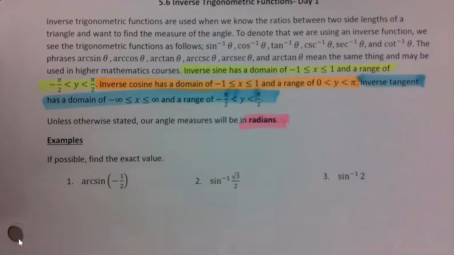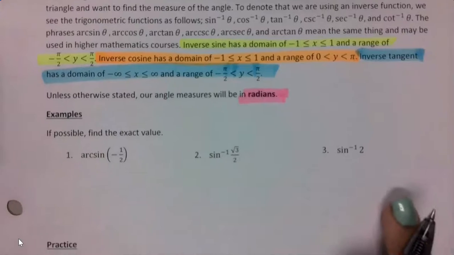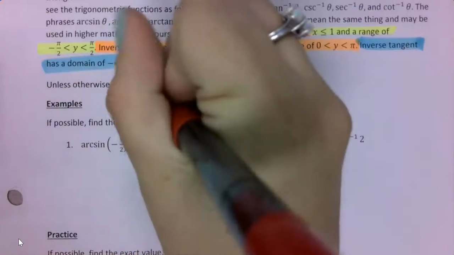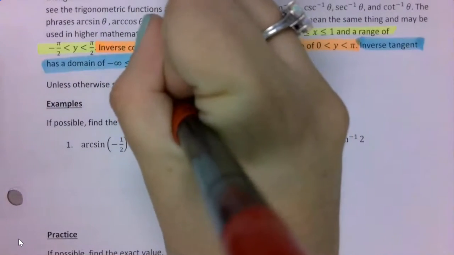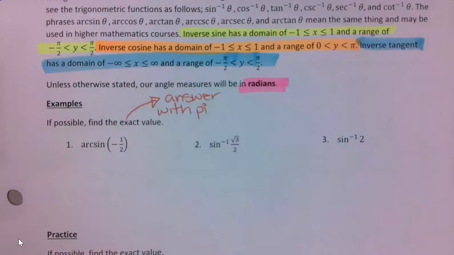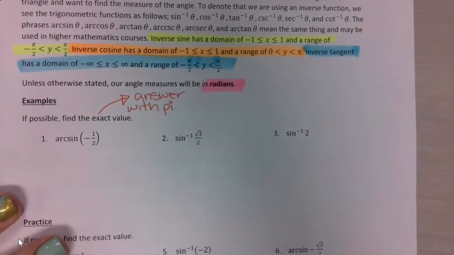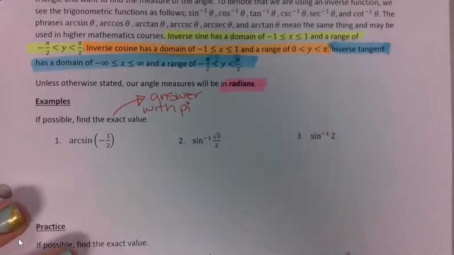So on the first three, it wants me to find the exact value, if possible. When it uses this phrase, it wants me to have my answer with pi. And for these ones, it's important to remember that chart from 5.2 day 1 that I told you to remember for the quiz.